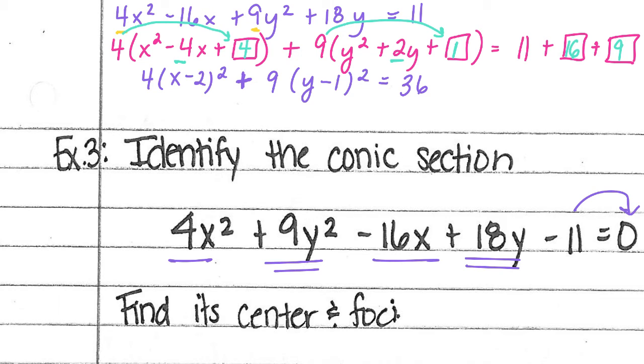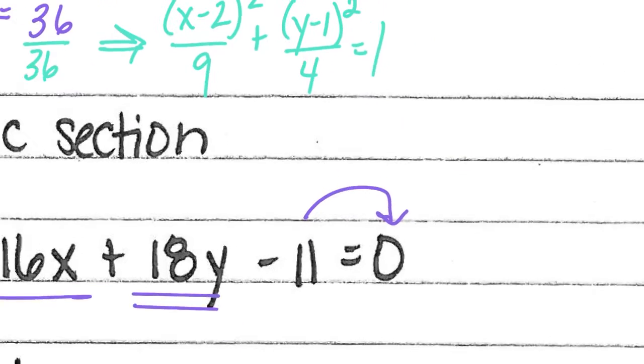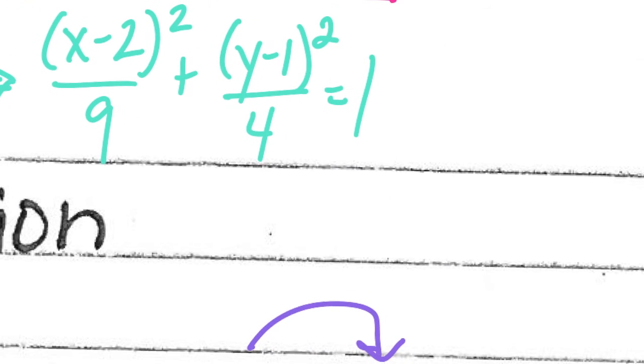I also know it's not a circle because I have to divide everything through by this 36, and it gives me two different numbers underneath. So let's finish by writing x minus 2 quantity squared over 9 plus y minus 1 quantity squared over 4 is equal to 1.